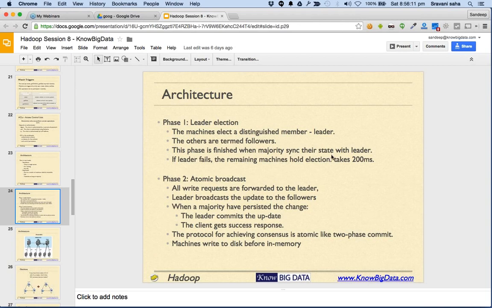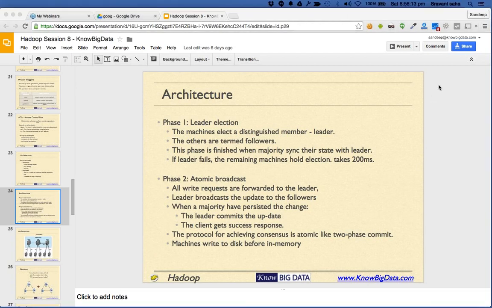Okay, some of you must be wondering why we want to discuss all of this when it only relates to Zookeeper and Zookeeper is tangentially related to Hadoop. Why? Because the architecture of Zookeeper is central to the idea of parallel computing or distributed computing.